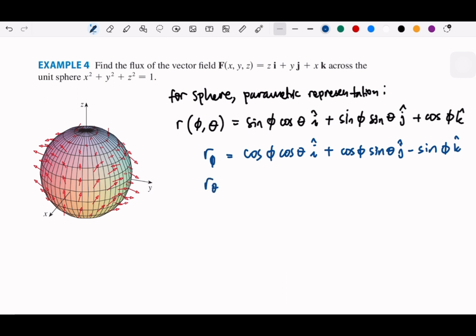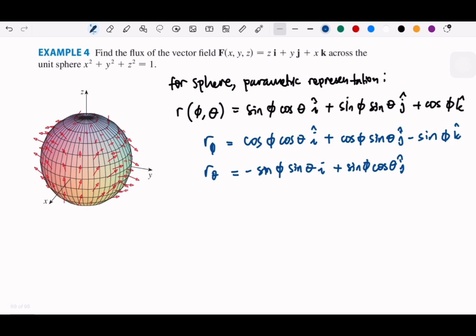And then r_theta will be negative sine phi sine theta i plus sine phi cosine theta j, and this k component will be 0 practically.